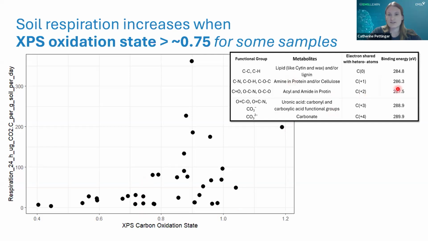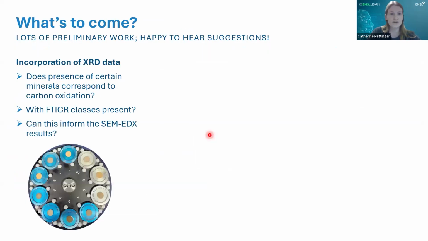Again, this is how I'm calculating the carbon oxidation state: looking at the area times these different oxidation states, averaging that across the carbon. So higher oxidation states, more electronegative groups, potentially, depending on other factors involved, mean higher respiration. Okay. So lots of preliminary work.